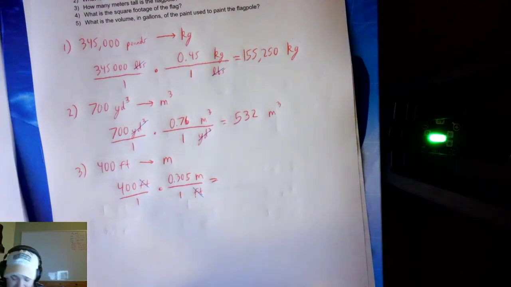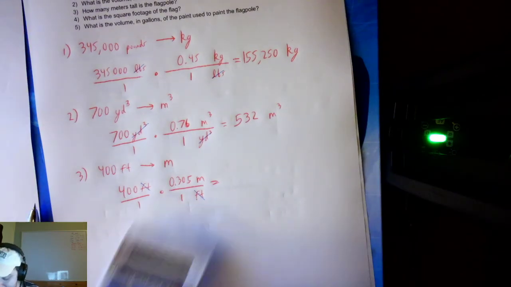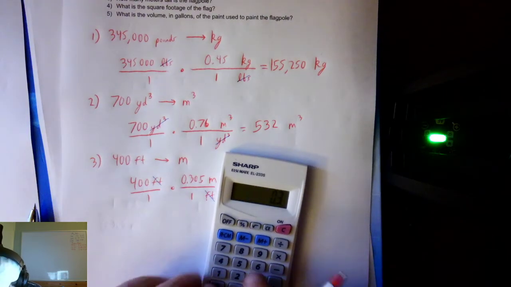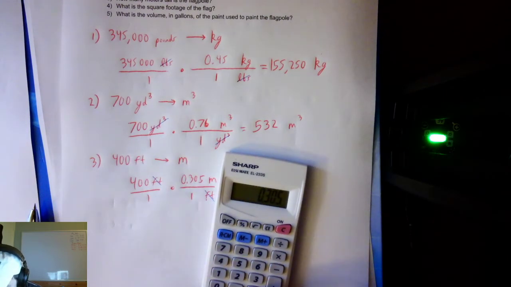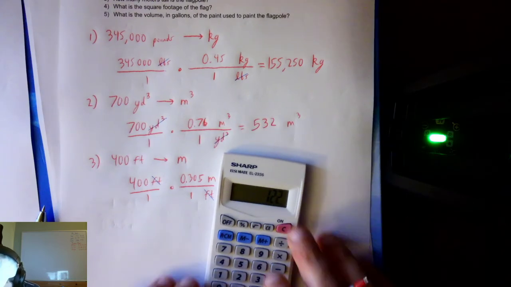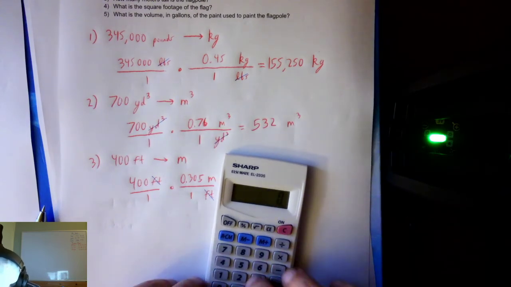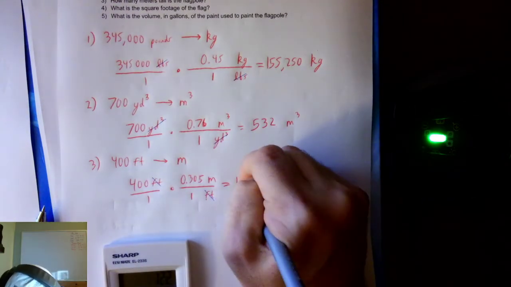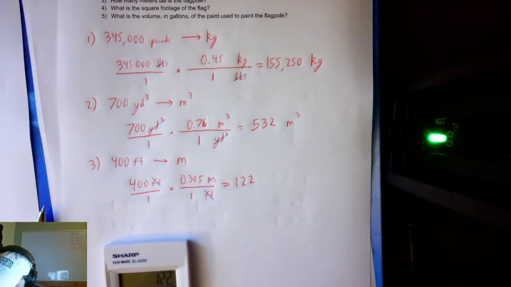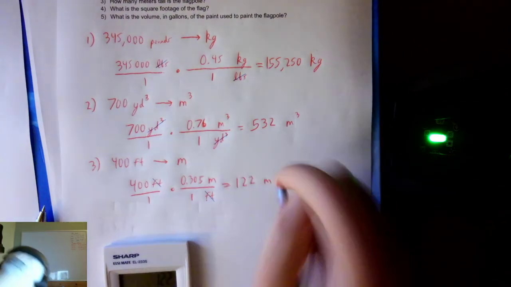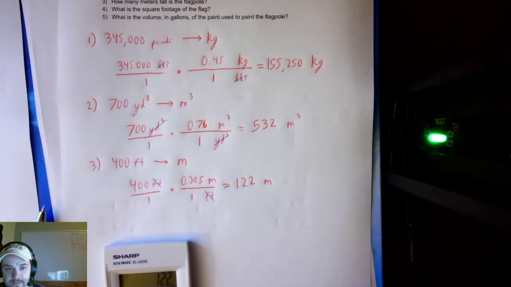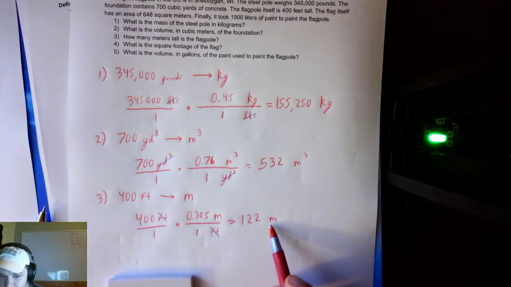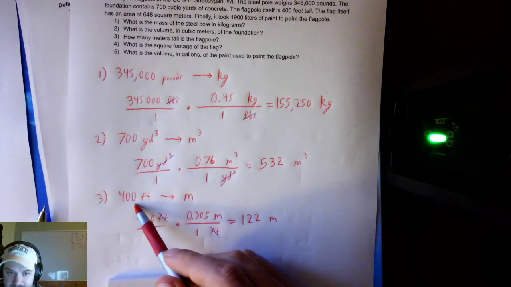We got ones in the bottom, so I just need to figure out the top. 400 times 0.305 is going to give me 122 meters, right? I converted to meters. So how many meters tall is the flagpole? 122 meters, which is 400 feet.